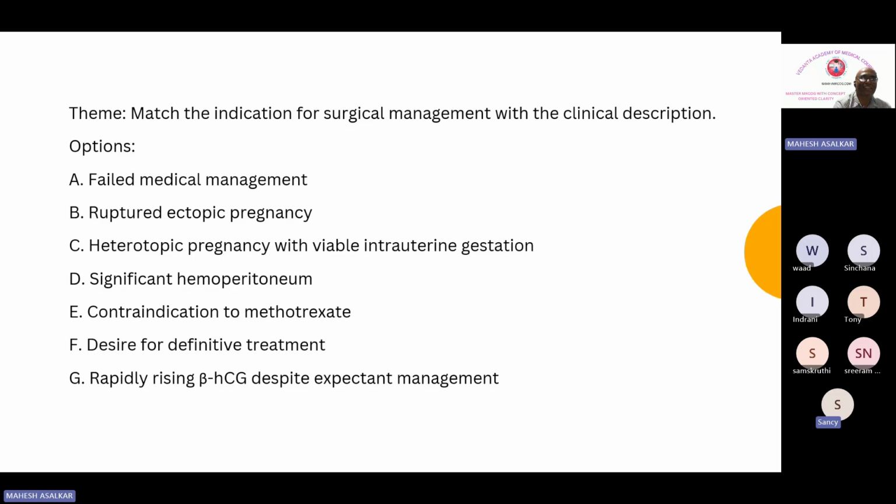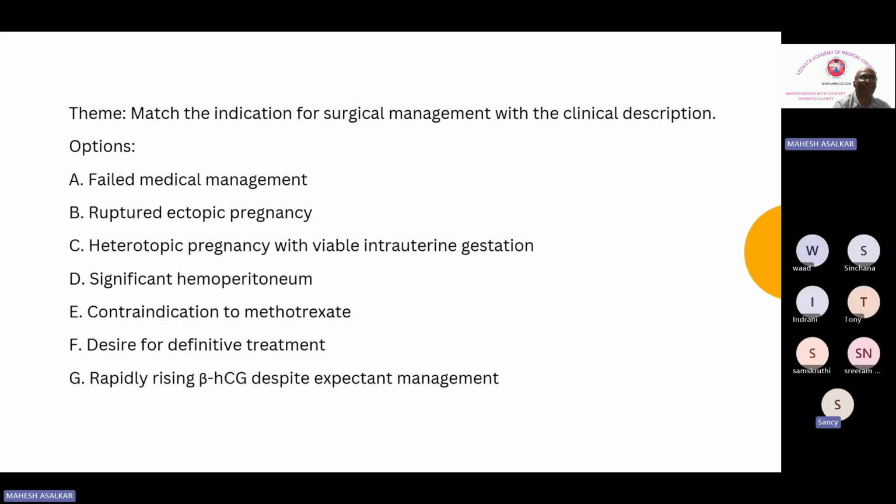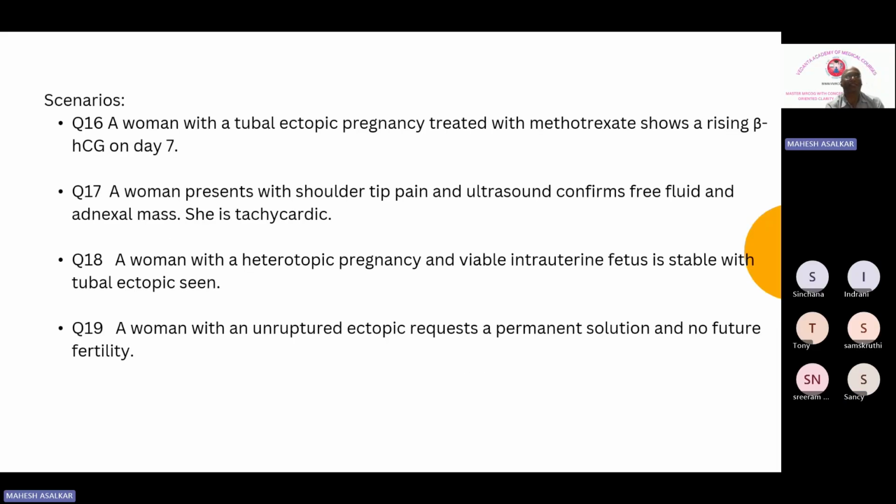What is the significant clinical finding? Shoulder tip pain is there, so hemoperitoneum. Significant hemoperitoneum, ruptured ectopic pregnancy. Here again it's confusing: ruptured ectopic and significant hemoperitoneum. Let's see what exactly the answer is.